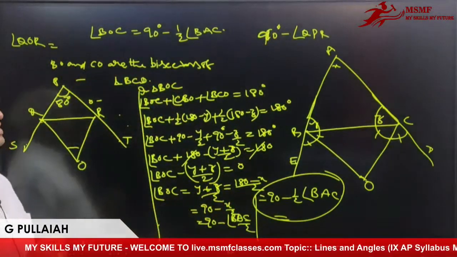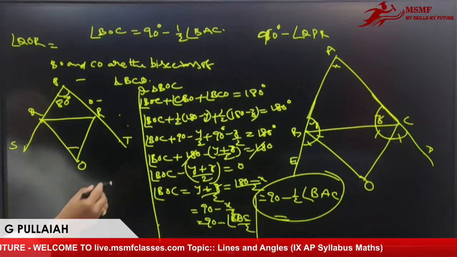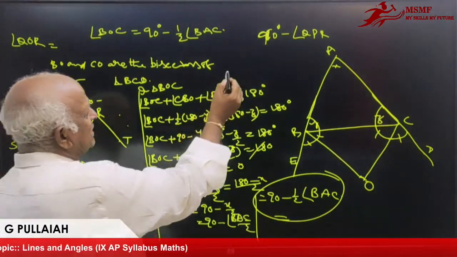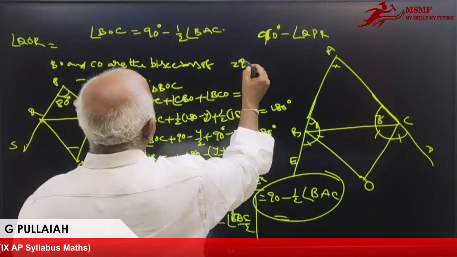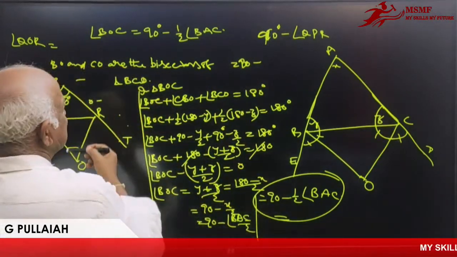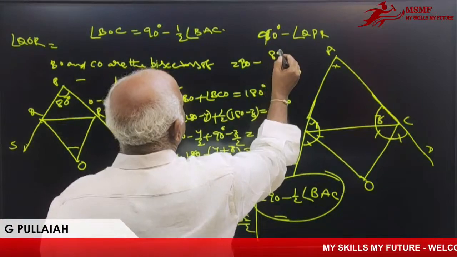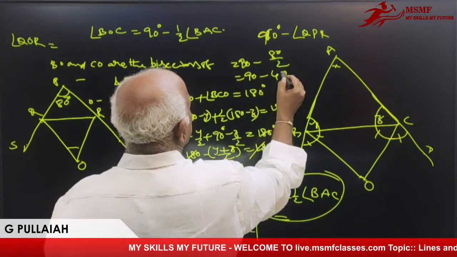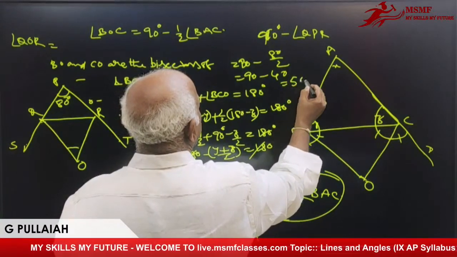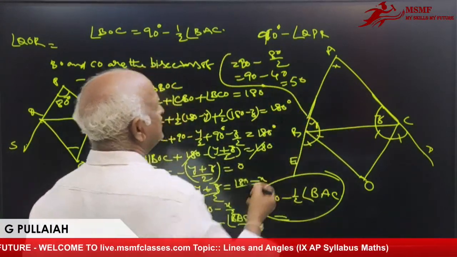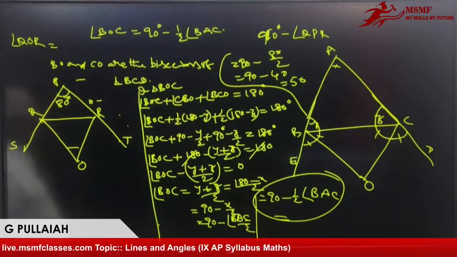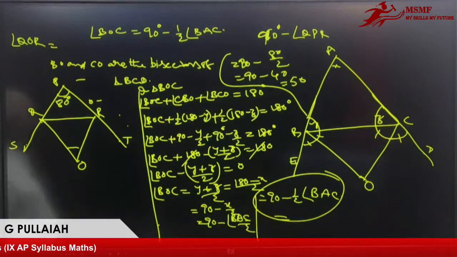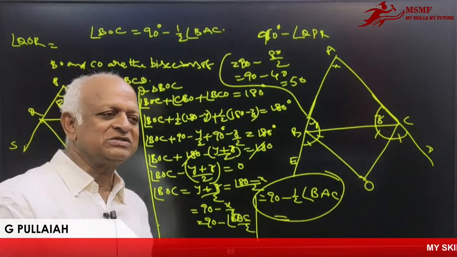Remember the formula very carefully, we just proved how you get it. So it is 90 degrees minus 80 by 2, that is 90 minus 40. Clear? Any of your doubts you can chat in the chat box.